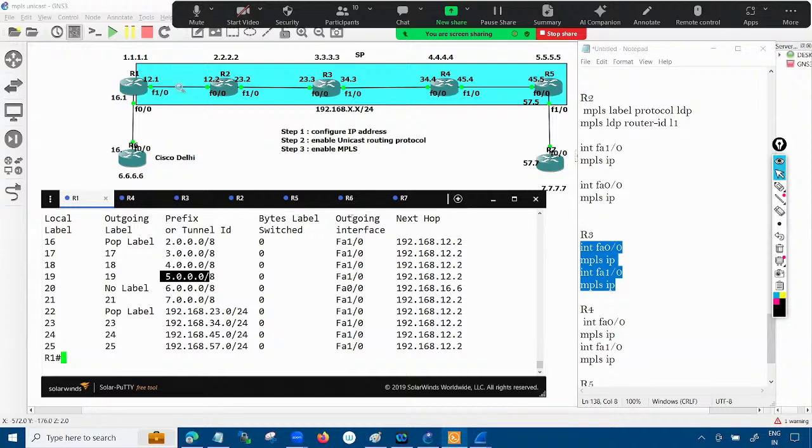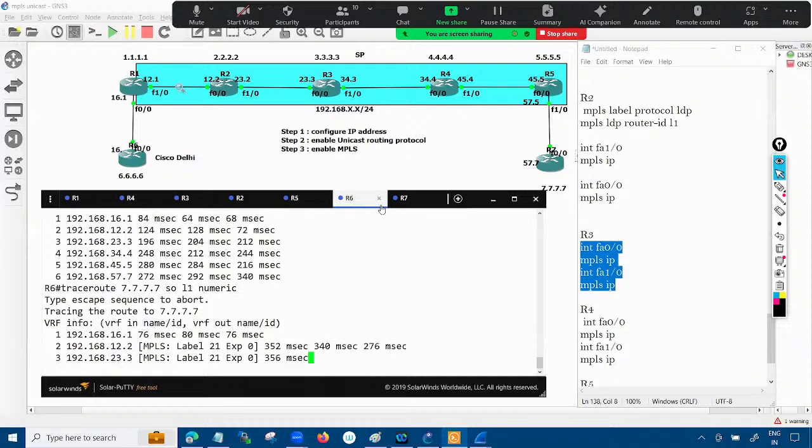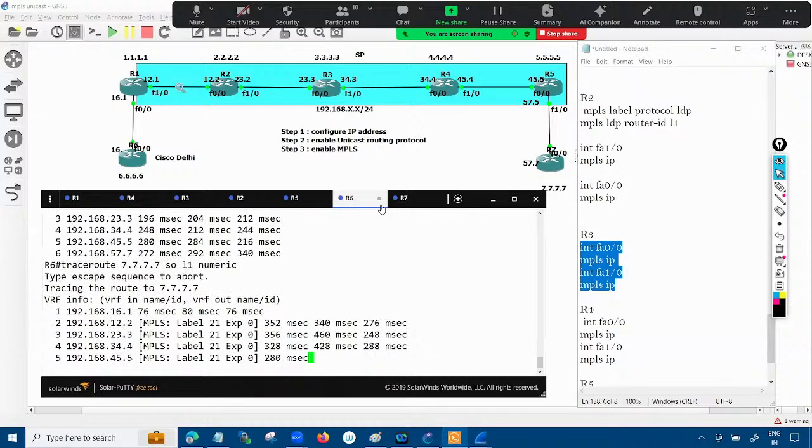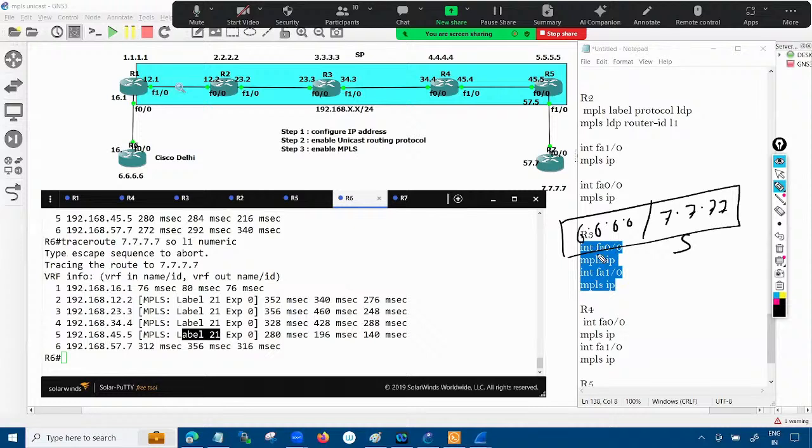Now you can send the packet from R6. All done. If you see, my router is doing the label lookup, and the label 21 is the only one that comes into the picture. From router 6, I send the packet from 6.6.6.6 to 7.7.7.7, source and destination.